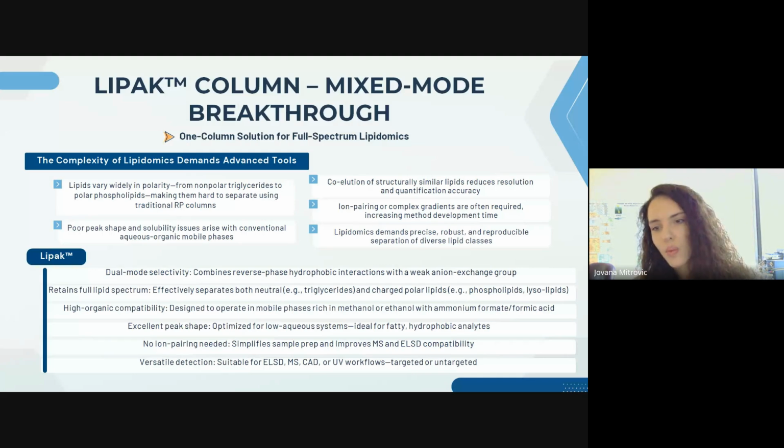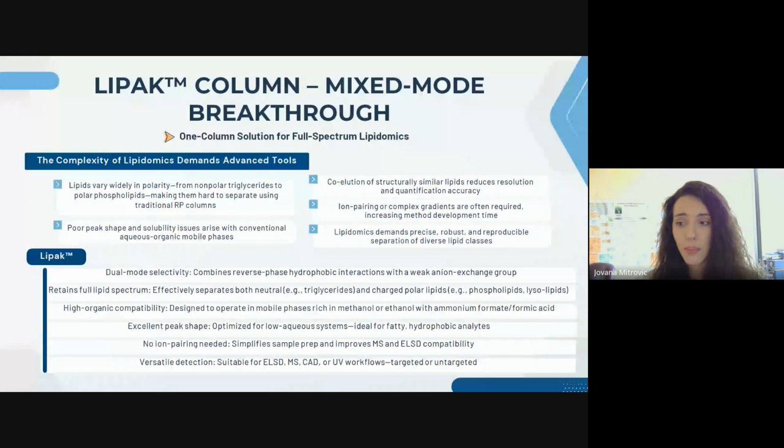That's why we developed the LIPAC column, a mixed mode HPLC column that provides an ideal balance of retention forces for lipid analysis. LIPAC combines reverse phase hydrophobic retention with a strong polar negative group, enabling it to interact with both non-polar lipid tails and charged or polar head groups, all within a single stationary phase.